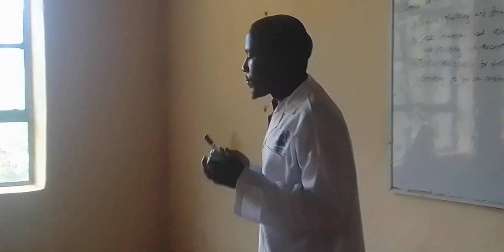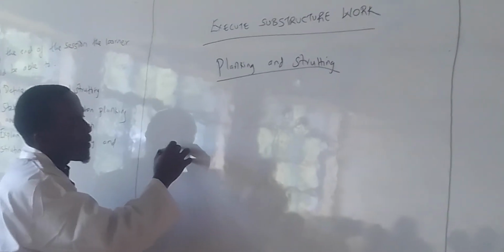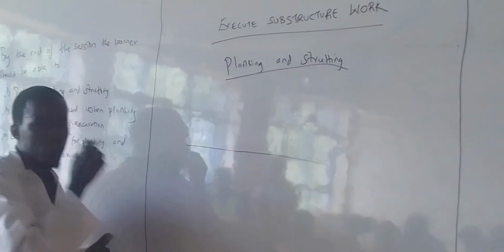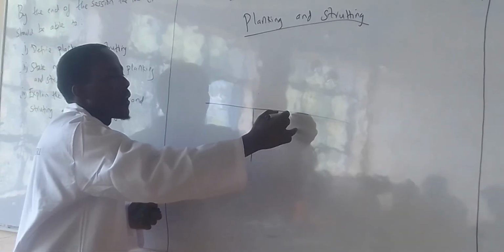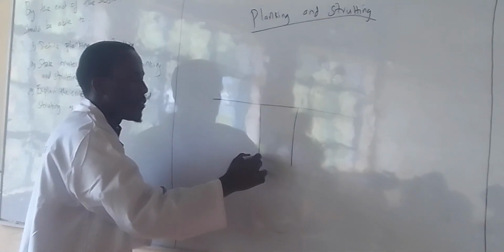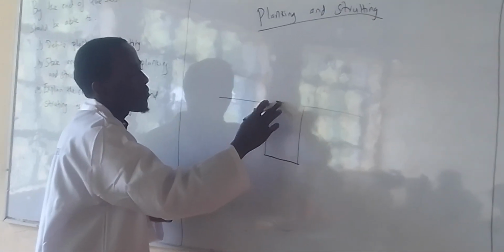Now after we have done the excavation, remember that when you have gone to the soil, taking for example this was your ground, and you have excavated the trench, you realize that you are going to have different types of soils, right?